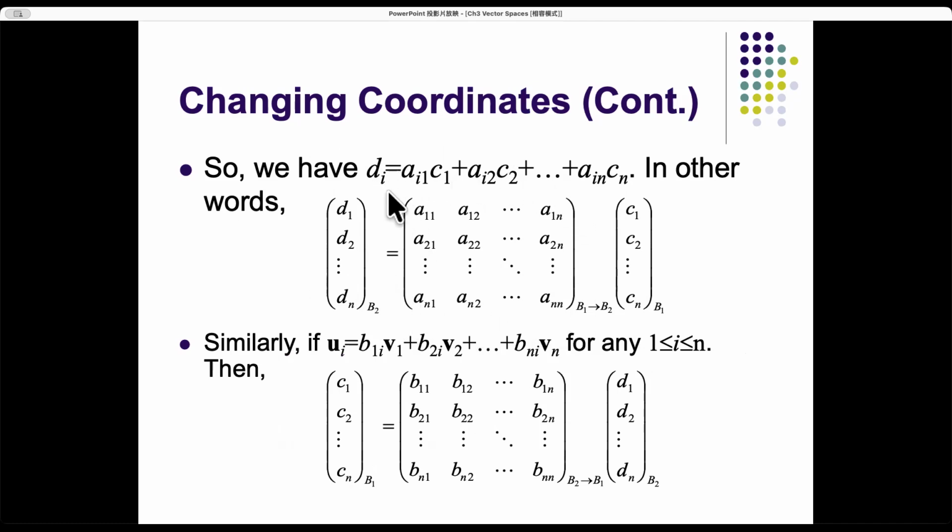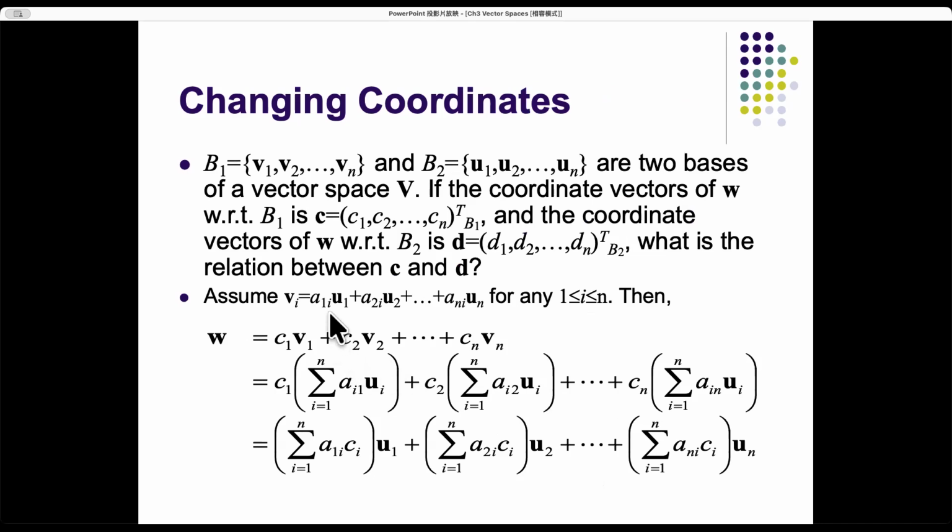We call this matrix the change of basis matrix from B1 to B2, because here we represent every vector in the first basis as a linear combination of the second basis. This column is V1, with entries A11, A21, A31, and so on.